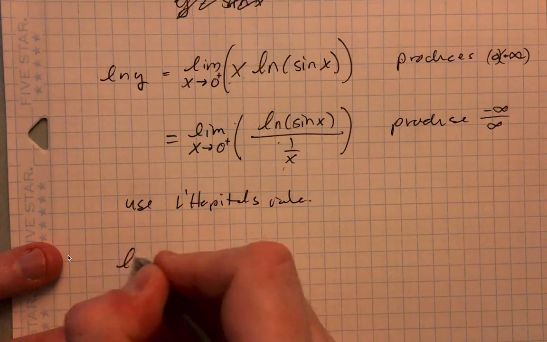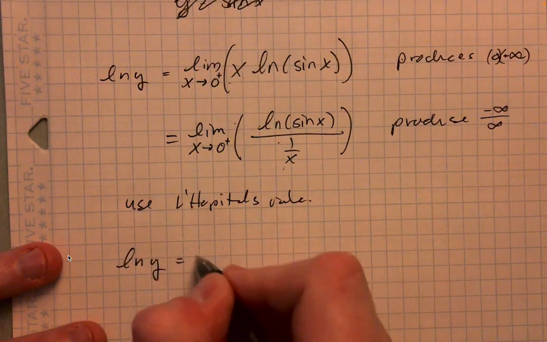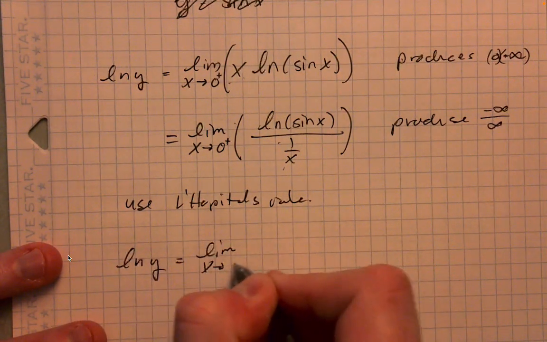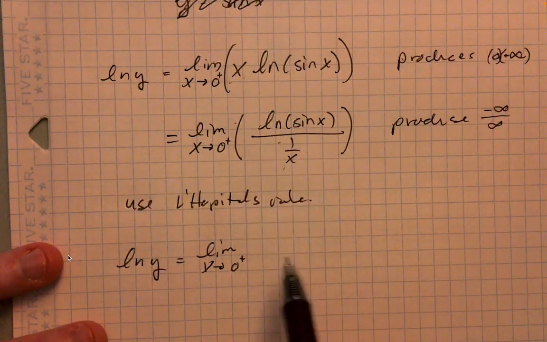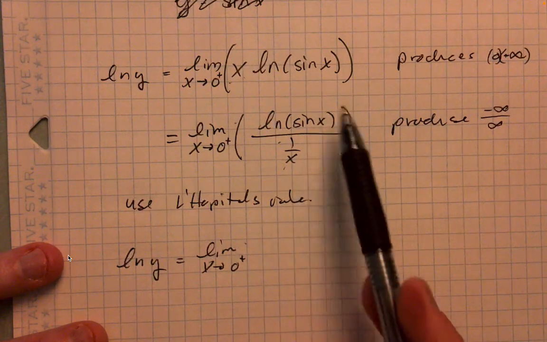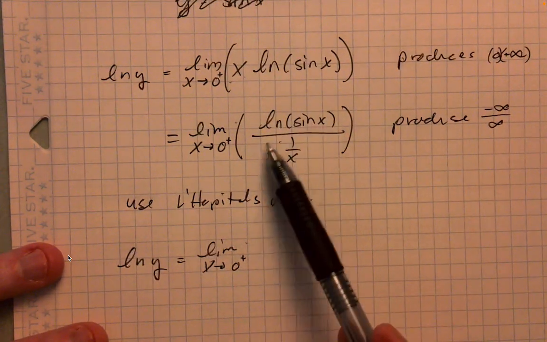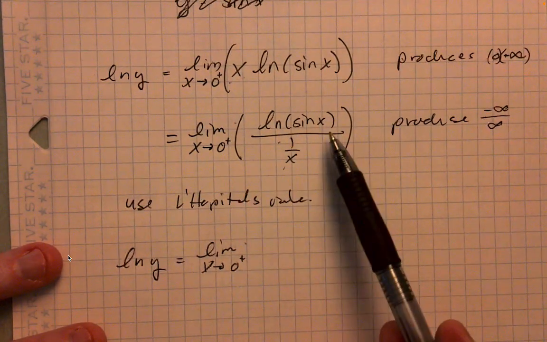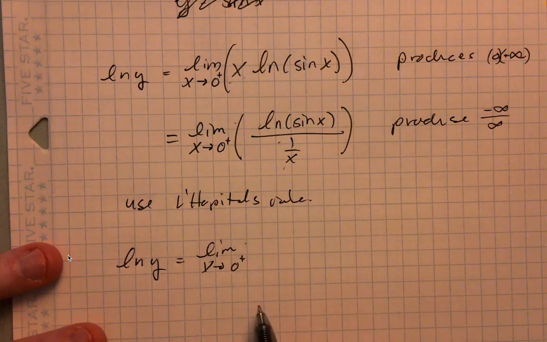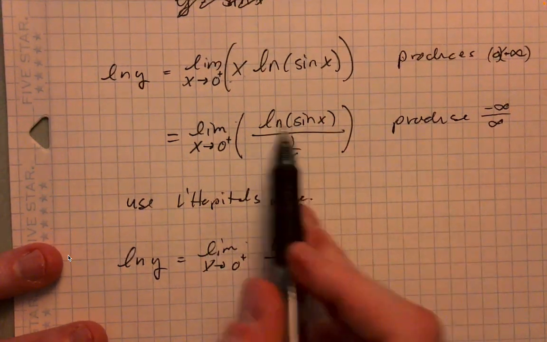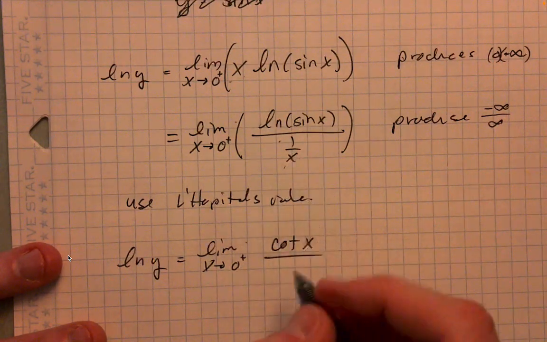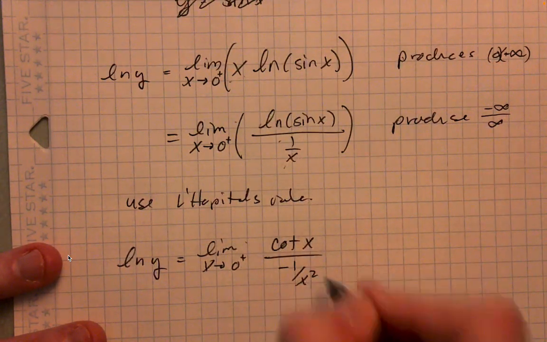So that means the natural log of y is equal to the limit as x approaches 0 from the right of the derivative of these two. The derivative of the natural log of sine is 1 over sine times the derivative of sine, which is cosine over sine. So you're going to get a cotangent in the top. And then this derivative is negative 1 over x squared.